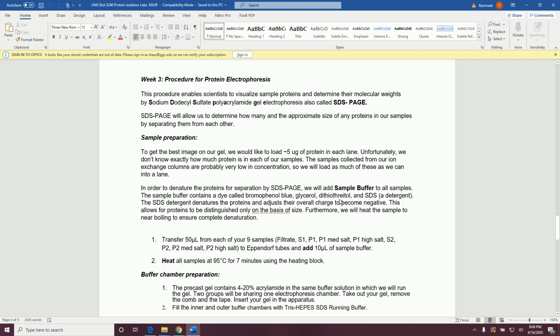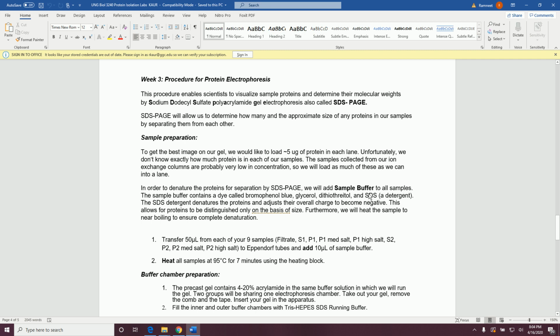It breaks the disulfide linkages, because these linkages help the proteins attain their native conformation, or their three-dimensional structure. So that's the function of dithiothreitol.